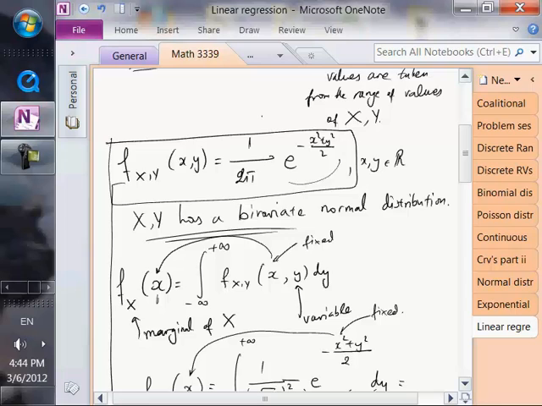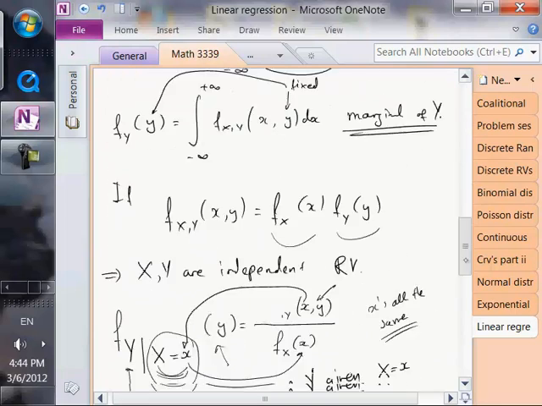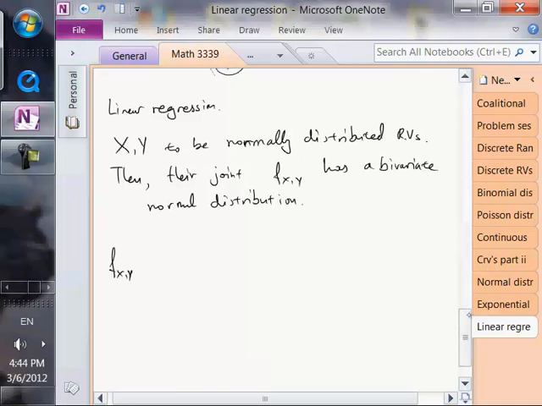Now, in the more complicated case where they interact with each other, the model takes a slightly more elaborate form. It's 1 over 2 pi times the absolute value of the determinant of a matrix. This is a 2 by 2 matrix.